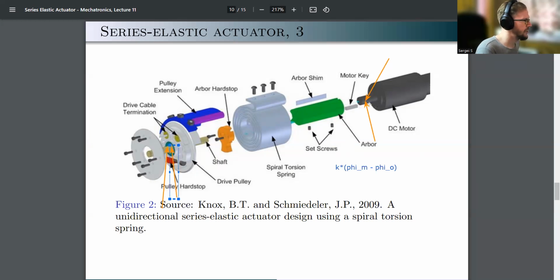If there is a gearbox somewhere here, we couldn't measure radians here versus radians here, because that's not what this torsional spring experiences. What you would have to do is measure radians here, after the gearbox, versus radians here.